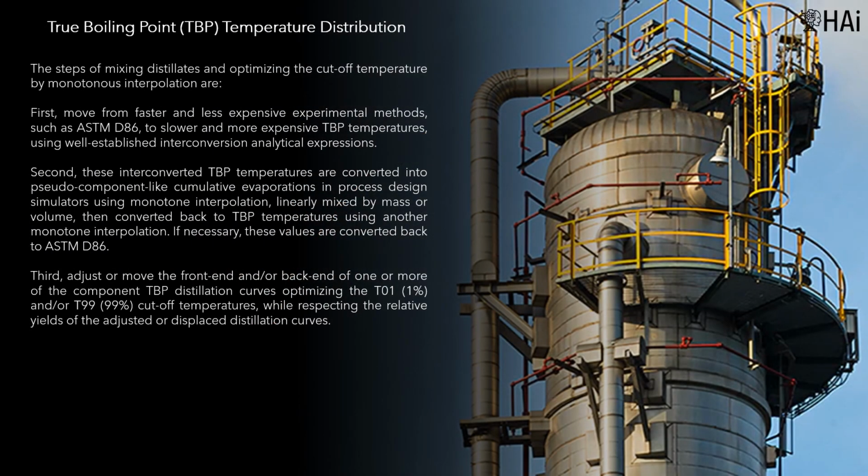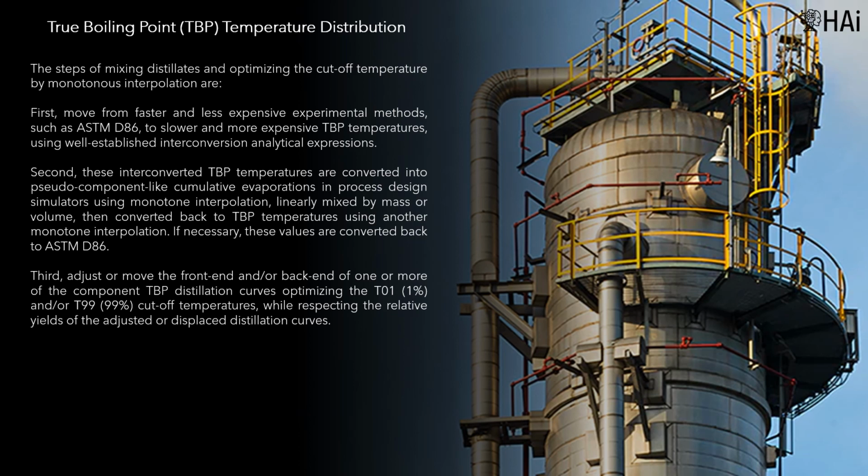The steps of mixing distillates and optimizing the cutoff temperature by monotone interpolation are: first, move from faster and less expensive experimental methods, such as ASTM-D86, to slower and more expensive TBP temperatures, using well-established interconversion analytical expressions. Second, these interconverted TBP temperatures are converted into pseudo-component-like cumulative evaporations in process design simulators using monotone interpolation, linearly mixed by mass or volume, then converted back to TBP temperatures using another monotone interpolation.